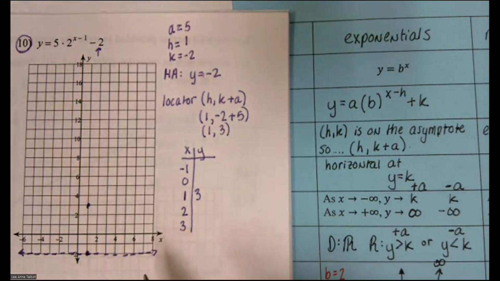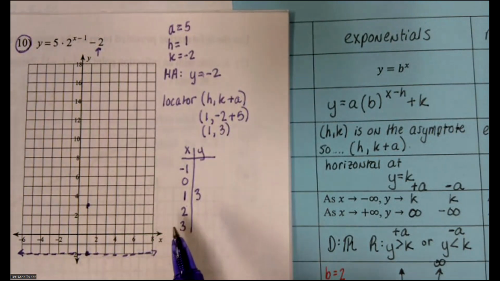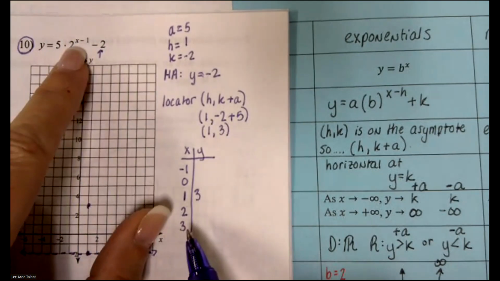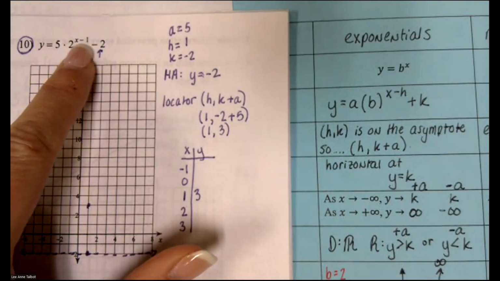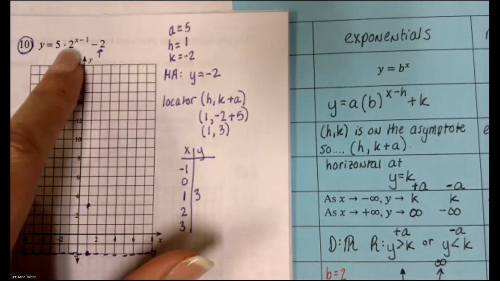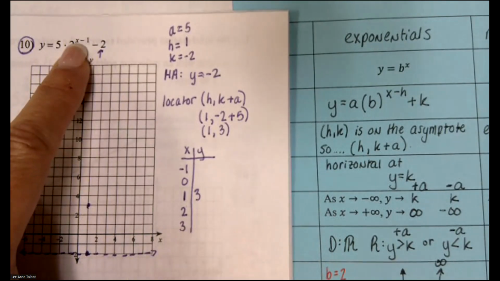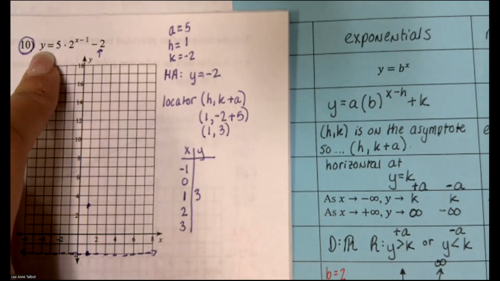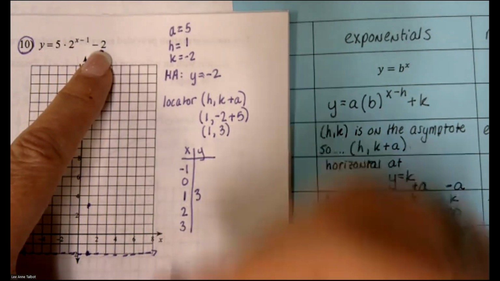This is going to take a little bit of brain work for us. Let's start with 2. 2 minus 1 is 1. 2 to the 1 power is 2. Times 5 is 10, minus 2 is 8.